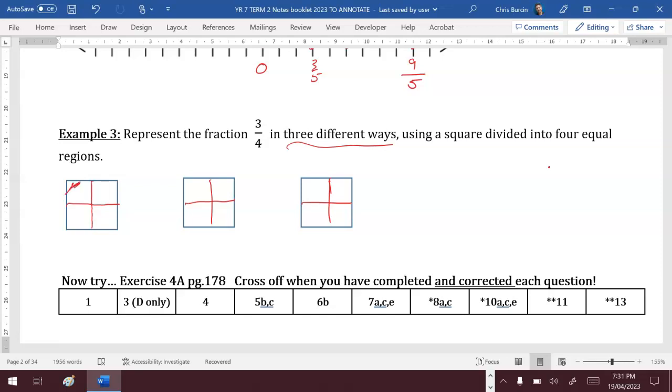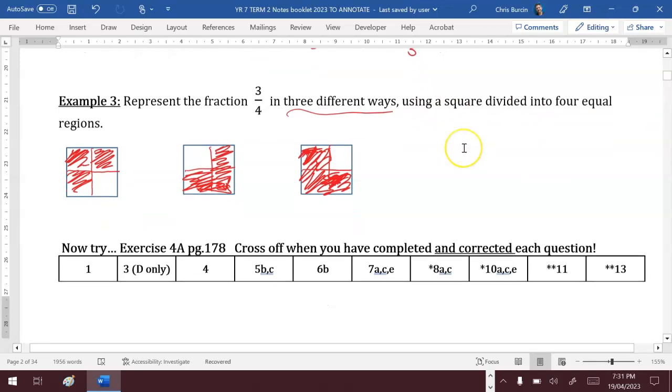So I could choose these 3. I could choose these 3. I could choose these 3. So all of these represent 3 out of 4. A little floppy there, a little sloppy, leaving a different one unselected, but that's how we could show that on our square.